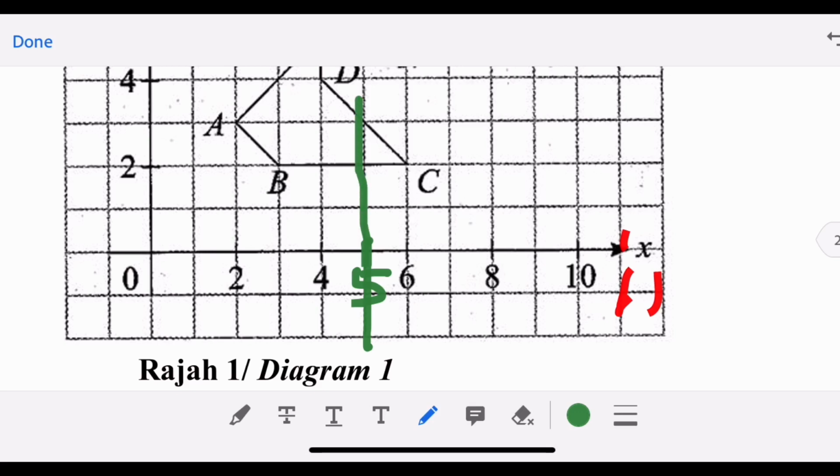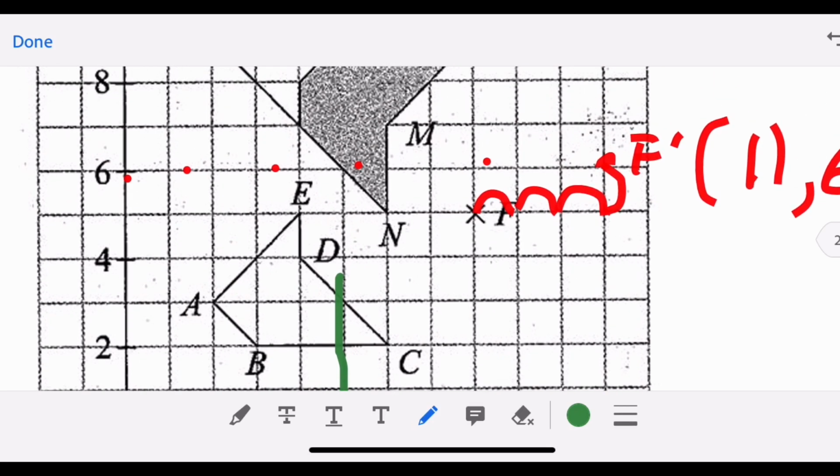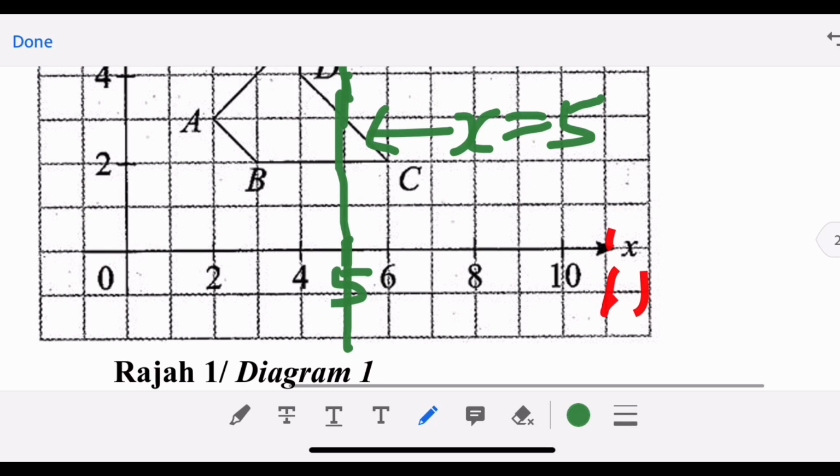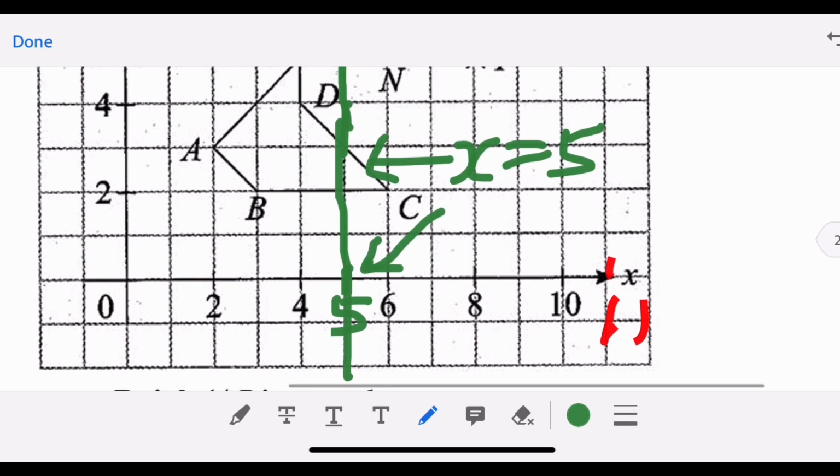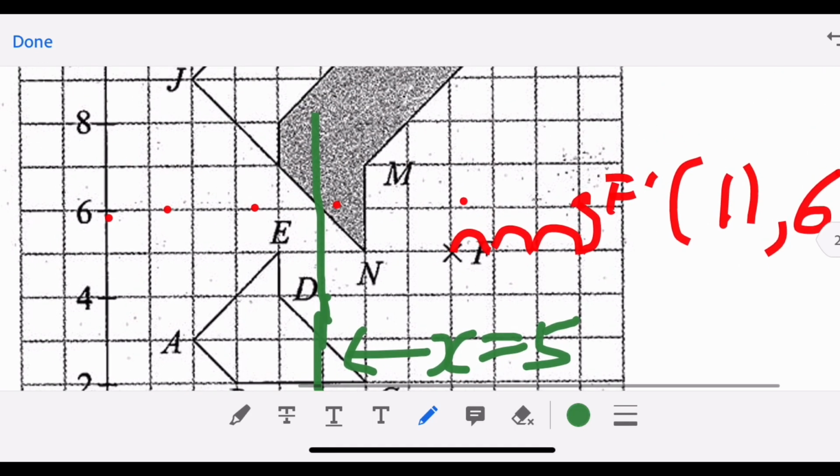So we go to the x-axis, there's the x-intercept 5, then we draw a vertical line upward. Okay, then we will refer to the F prime, our first image. Remember? We draw the line x equal to 5 first, then we go to the first image.